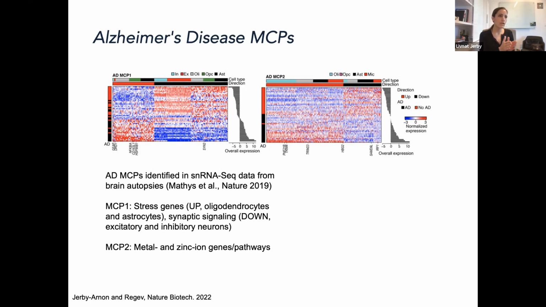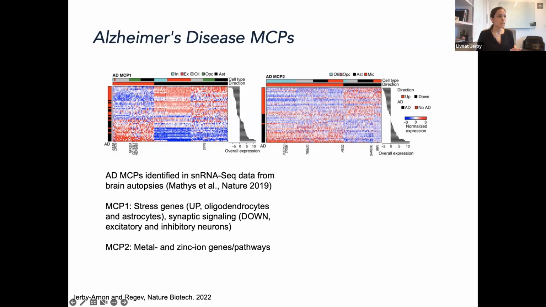What we found there were two different multicellular programs that are both associated with Alzheimer's disease. This is just a hypothesis at this point, but potentially we can use this information to identify different subtypes of disease, or different molecular manifestations that lead to converging phenotypes, which can in fact be distinguished.